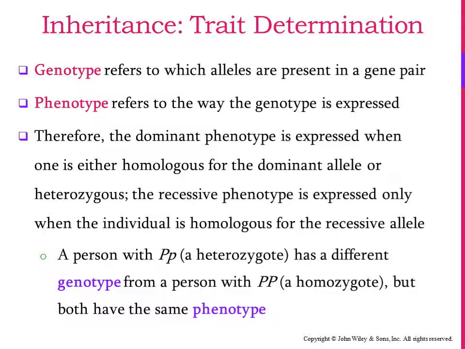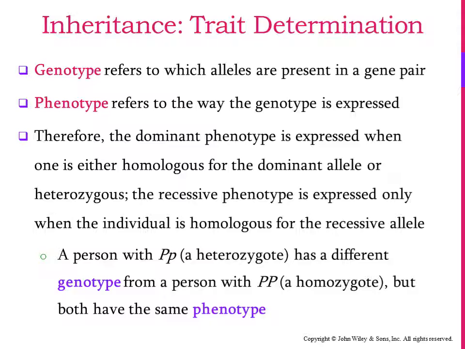Or are they heterozygous for that trait, two different forms or alleles for that trait? That's a genotype. What it looks like, or what that trait looks like, how it is expressed, refers to the phenotype. So what is the overall outcome of that genotype combination?